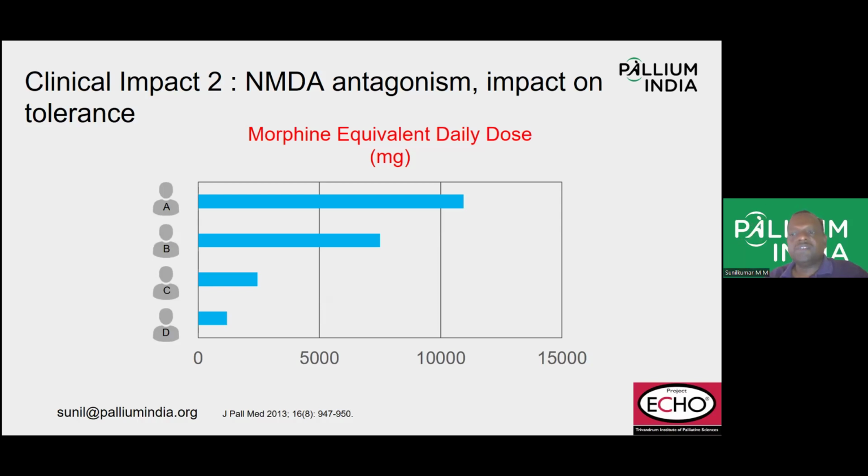This is known as tolerance. Tolerance can develop to opioids, not very commonly, but it can. So probably these patients developed tolerance, and that's why they are on such high doses of morphine equivalents.